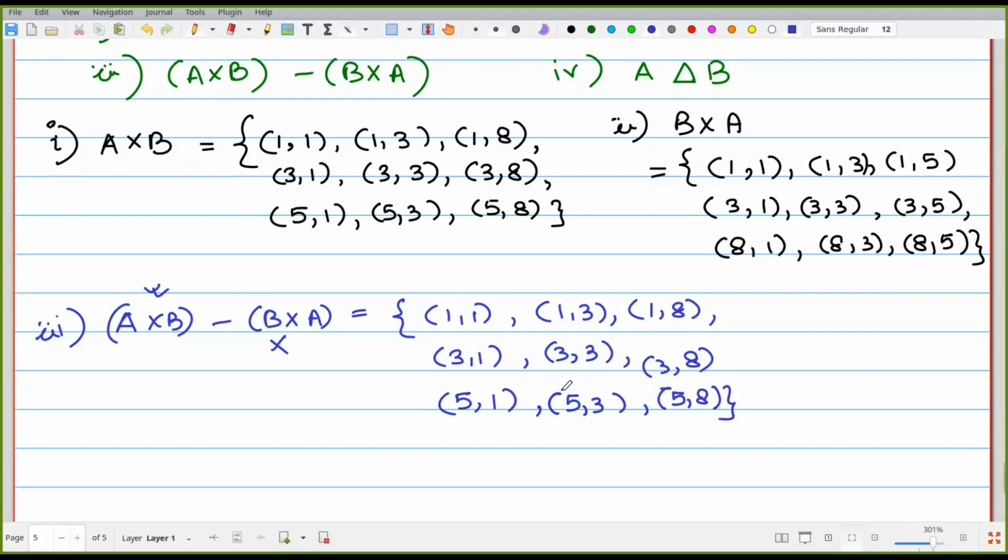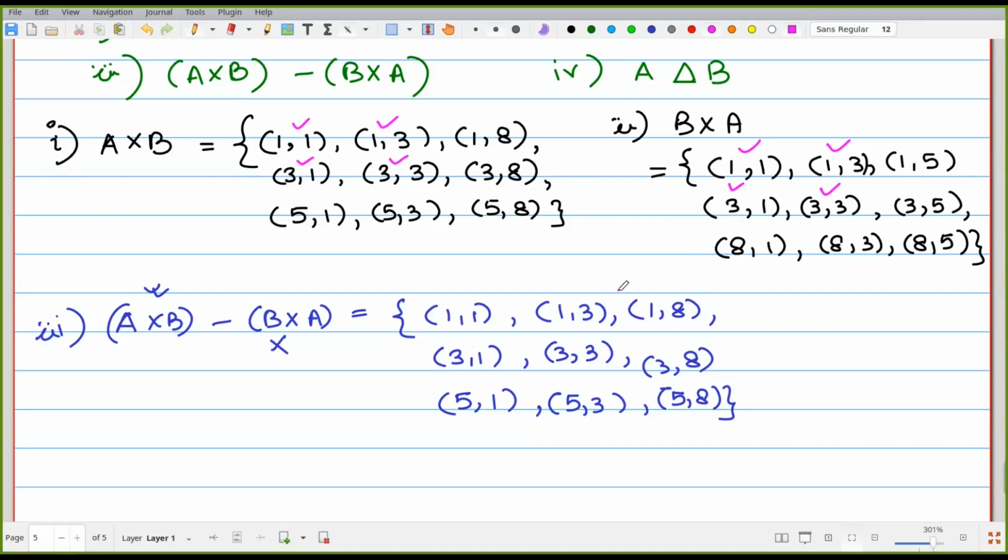But that is not the answer, because after writing the A part, we have to remove the elements which are also in B. That means the intersected things. So check which are the intersected. (1,1), yes, present. (1,3), yes, present. (1,8), no. (3,1), yes, present. (3,3), yes, present.